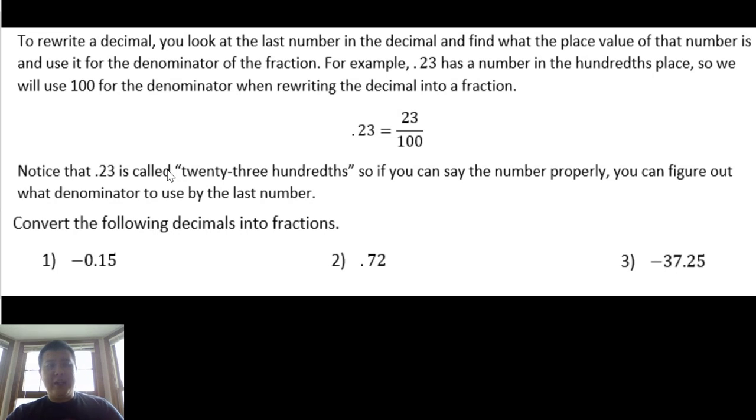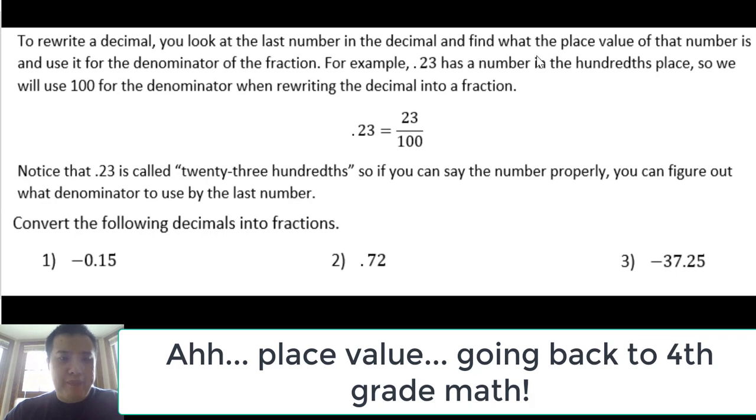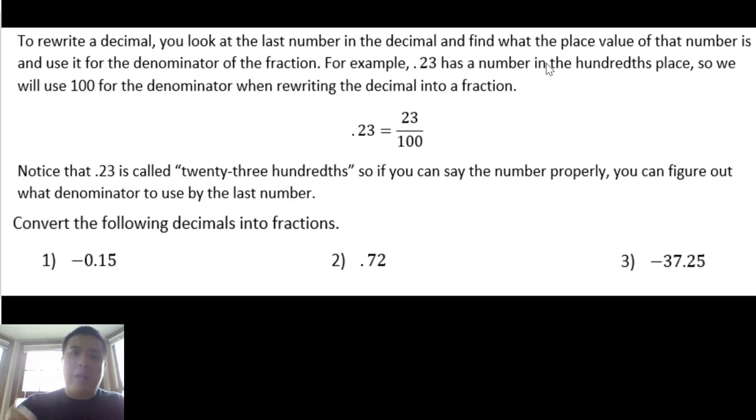To rewrite a decimal, you need to look at the last number in the decimal, find what the place value of that number is, and use it for the denominator of the fraction. For example, 0.23 has a number in the hundredths place because the 3 right here is in the hundredths place. That's the last number that has value. So we will use 100 for the denominator when rewriting the decimal into a fraction.